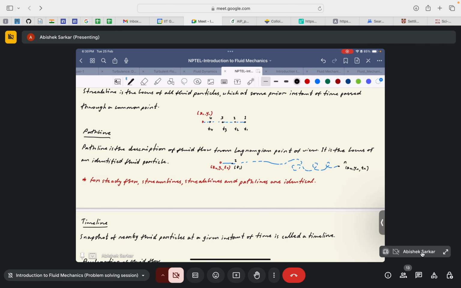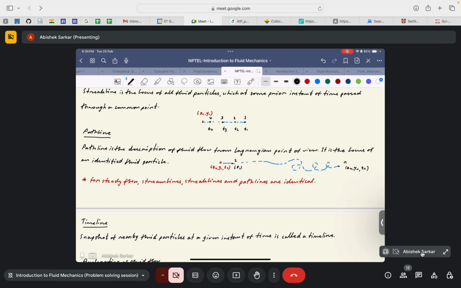So rather than following each and every particle, we try to find the locus of the trajectory that was followed by this particular particle that we are following from the very beginning. This is another way of visualizing the flow field. I hope this is clear.